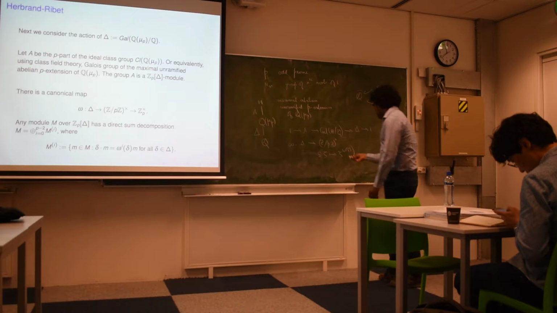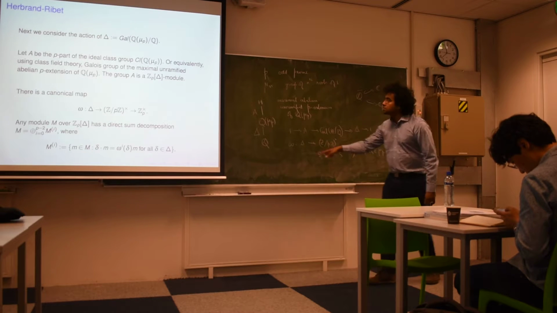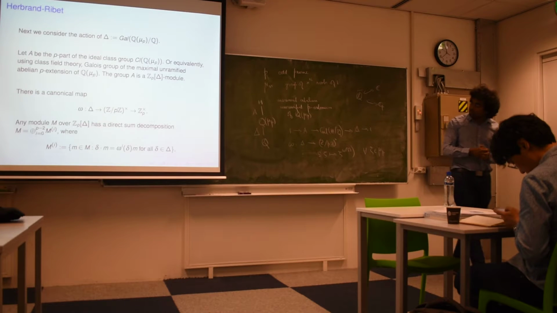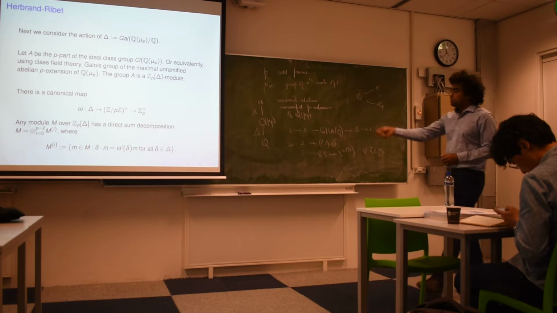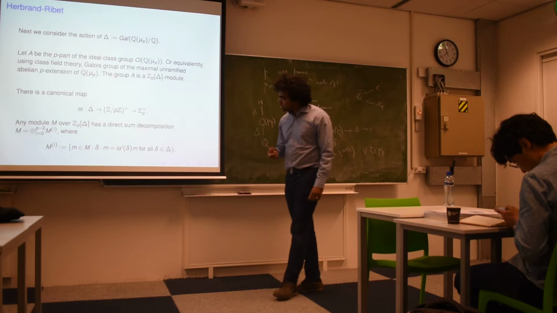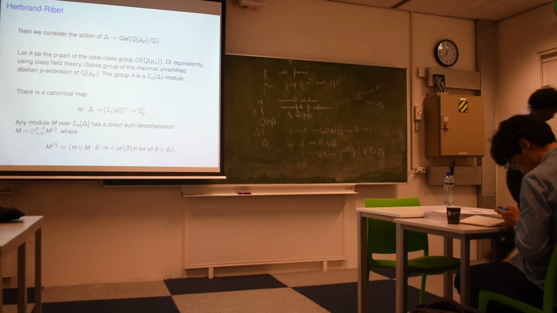So this is what defines mu_p. That's the first map, and then the next one is just the Teichmüller lift, given by Hensel's lemma. That lands inside the (p minus 1)st roots of unity in Z_p cross.